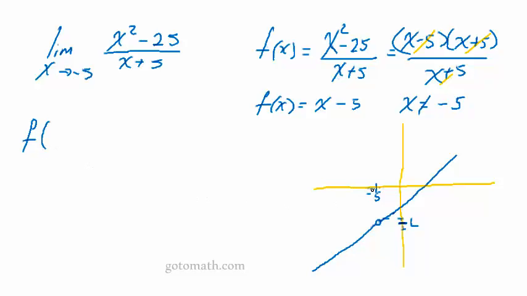So to do this, you would take negative 5 and subtract, since we're going in this direction, for example 0.1. So this becomes negative 5.1. You take this number and plug it in up here: negative 5.1 squared minus 25 over negative 5.1 plus 5.